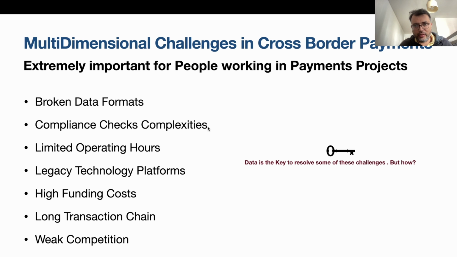The last one here is weak competition. It's the last but not the least. There are not too many players who are very efficient in cross-border payments, unfortunately, and this is a challenge. There are a lot of regulations, like I mentioned, compliance, jurisdiction, local laws, and that makes it very difficult for new players to enter the market and provide healthy competition for end customers.